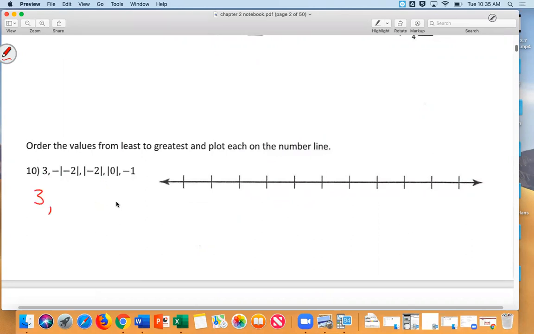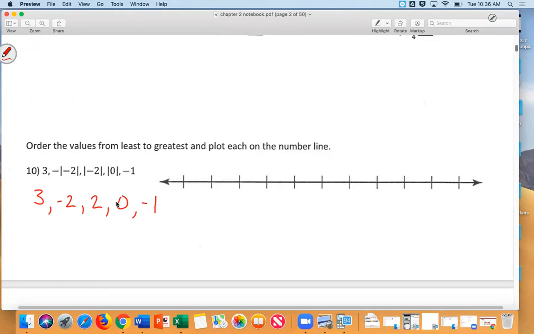And negative absolute value of -2: the absolute value of -2 is 2, so it's actually going to be -2, because we're talking about the opposite of the absolute value of -2. The absolute value of 0 is 0, and we have -1. These numbers in red are the numbers that I am going to plot on my number line.